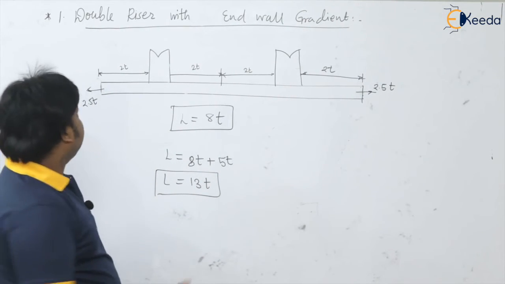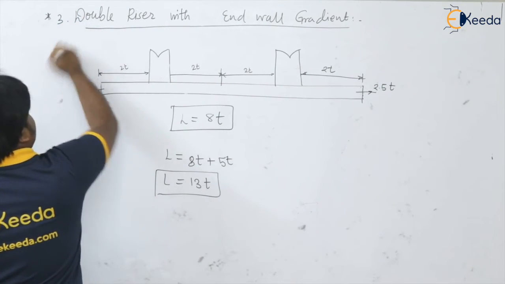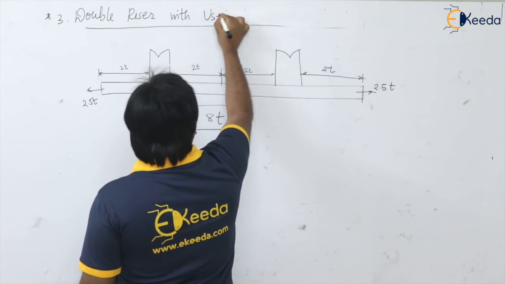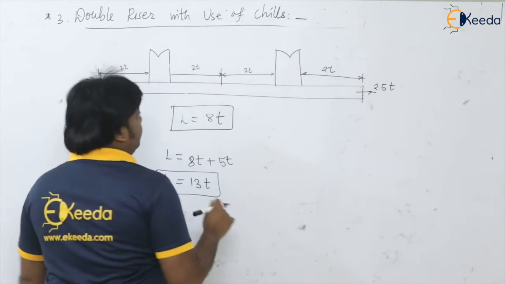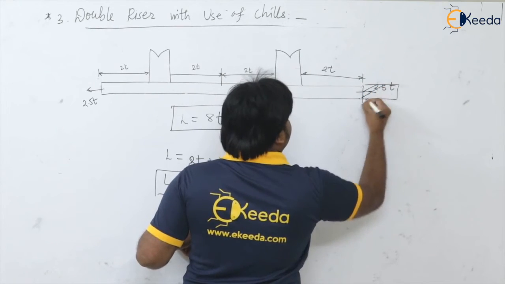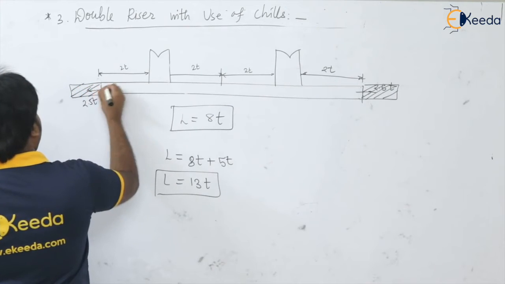Okay, now very fast we can go to the third, that is double risers with the use of chills, isn't it? So if I add the chill here, again I can get the gradient of 50 millimeter from both sides.